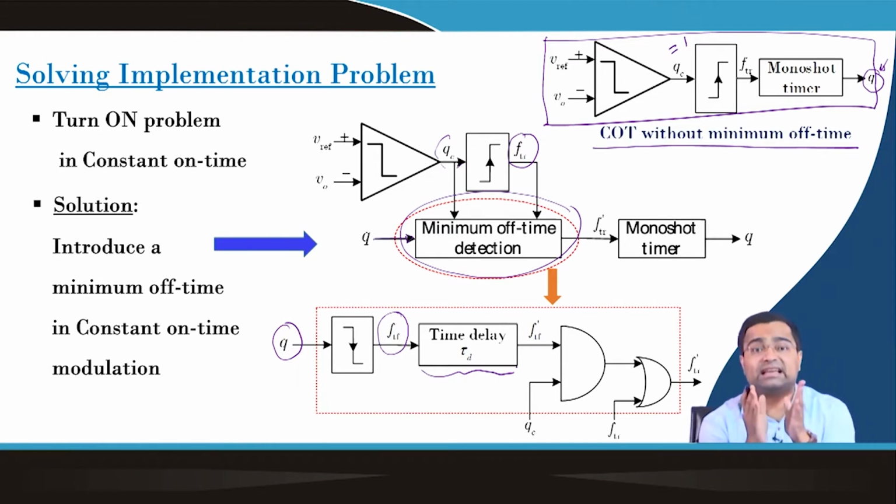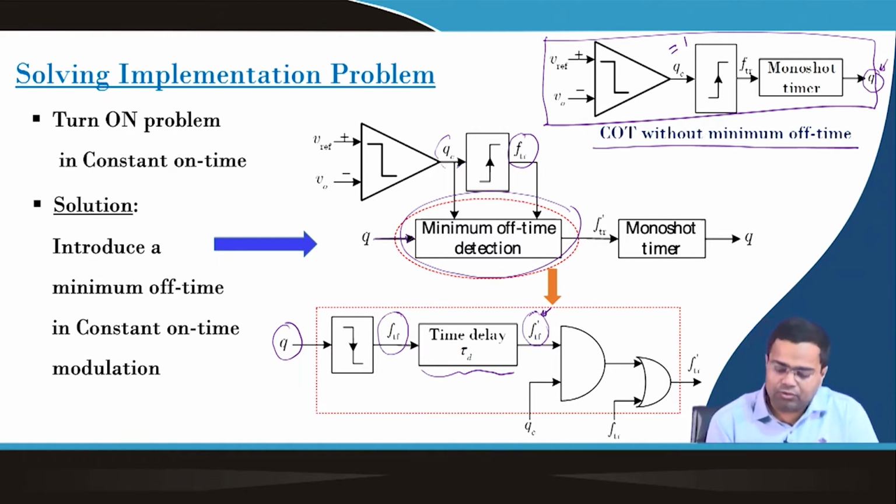You can use a delay circuit, for example a shift register, to delay the timing by however much delay you want, and this leads to a falling edge dash signal. That means we created a pulse after detecting the falling edge of the main switch, and we have delayed it, and that signal is ANDed with the output of this comparator.